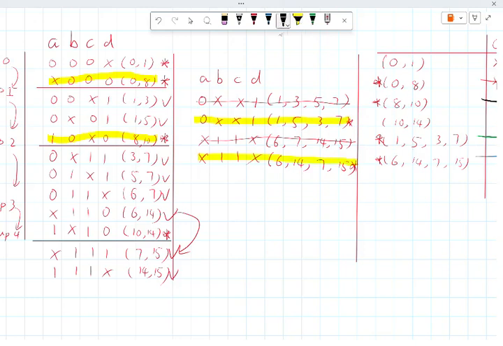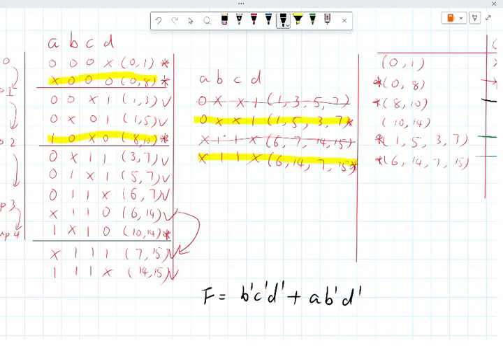Okay, let's start to write the equation. So f gonna equal to, let me put it down a little bit. F gonna equal to, for this one, X is not exist, A is not exist, B naught, C naught, D naught. Okay, so B naught C naught D naught plus A B naught, C is not there, D. Right, A B naught, C is not there, D naught.